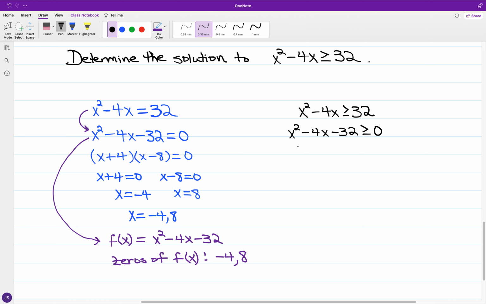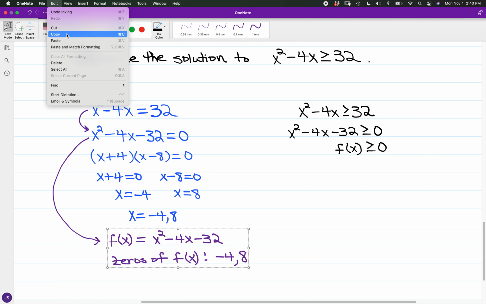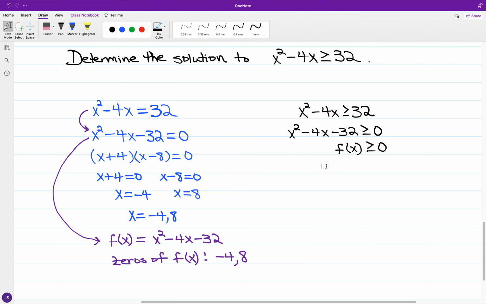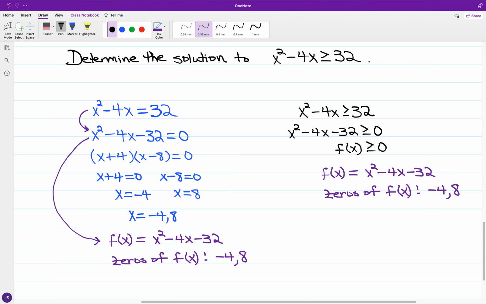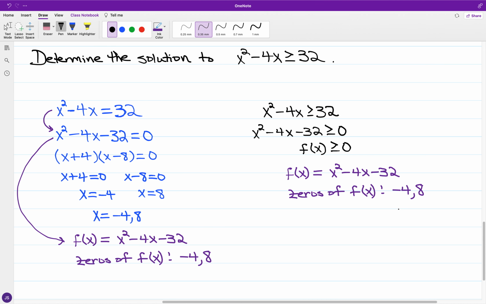And again, this is going to be in terms of f of x is greater than or equal to 0. I'm just restating. So I have f of x, you have x squared minus 4x minus 32.